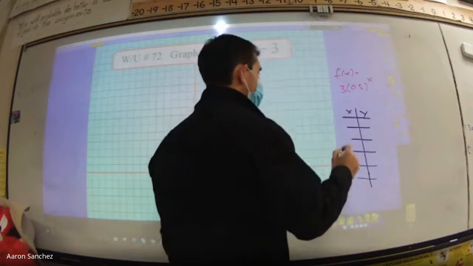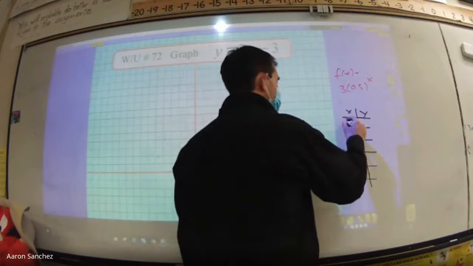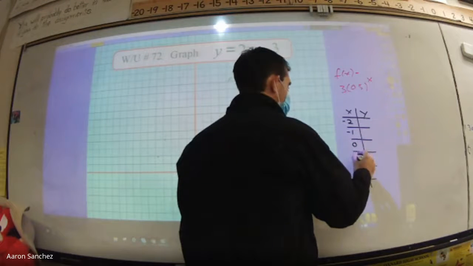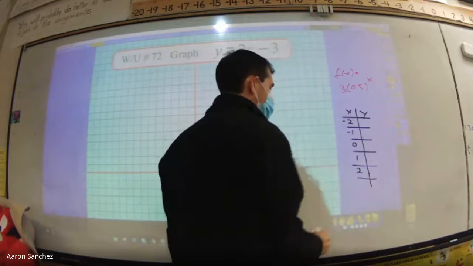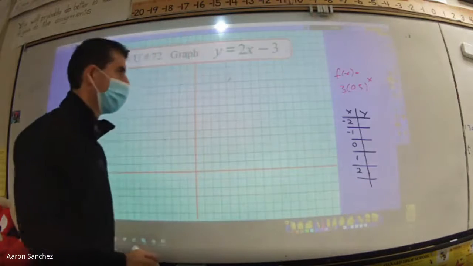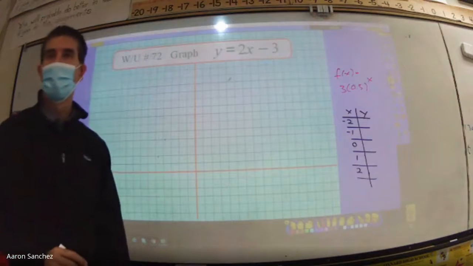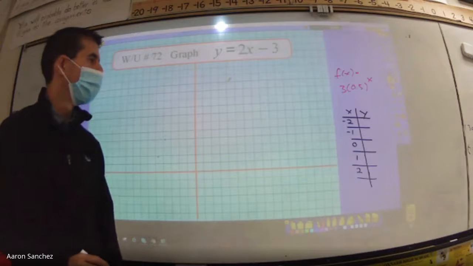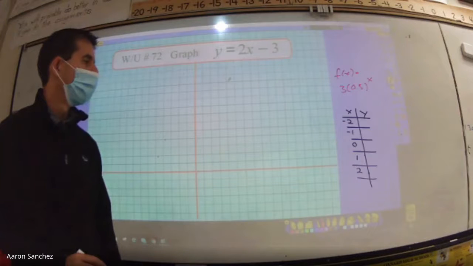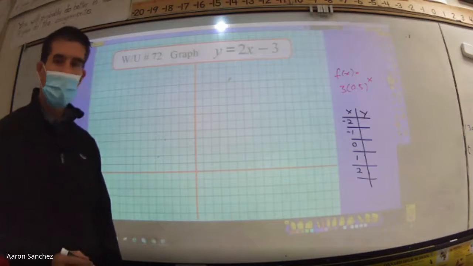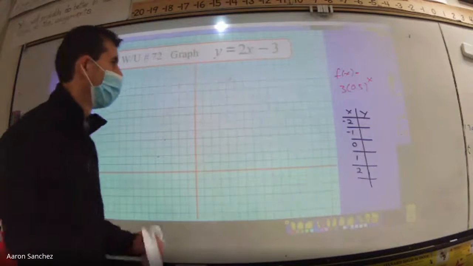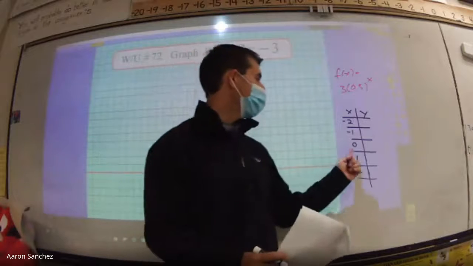Let's go like this. You guys, let's start with x equals -2, -1, 0, 1, and 2. Okay, here's another way we can graph this. Let's start with 0.